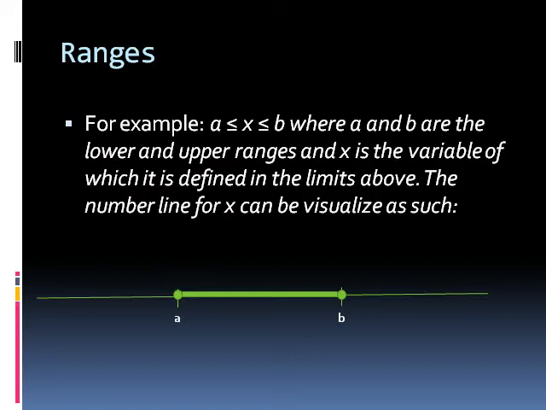Now as we have said earlier about equal to, if x can be equal to a and x can be equal to b, we would put a solid circle where a and b are, as shown in the number line below.